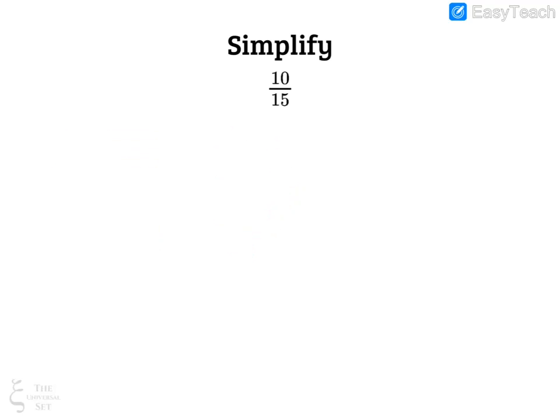So we're asked here to simplify 10/15ths, and I'm going to do the same thing. I'm not going to draw out the picture, I'm just going to go straight on to thinking about my times tables. So I want a times table that has both 10 and 15 in it. So what times table has 10 and 15? I reckon the 5 times table has 10 and 15 in it. So let's see how many 5's make 15 and how many 5's make 10.